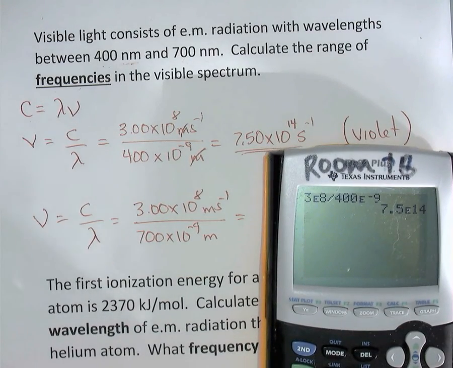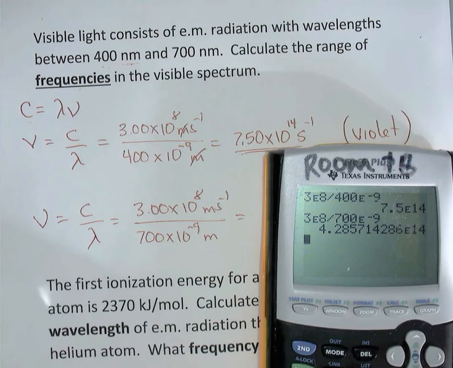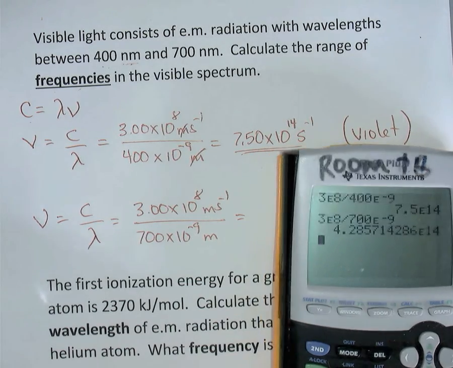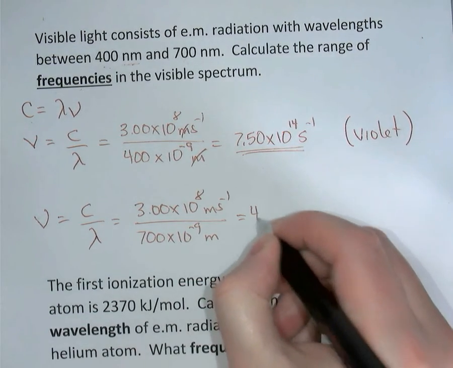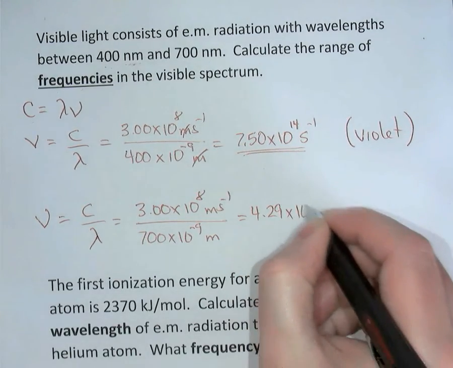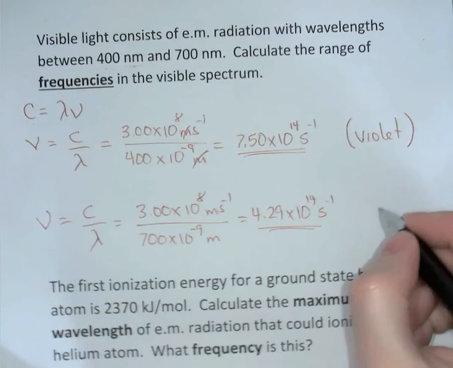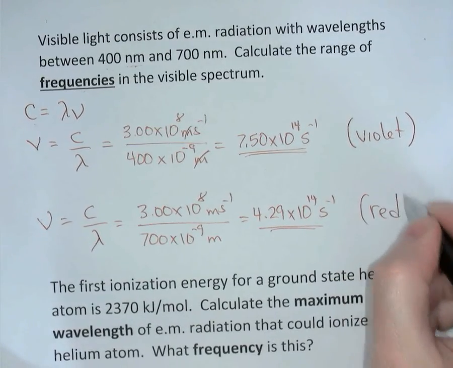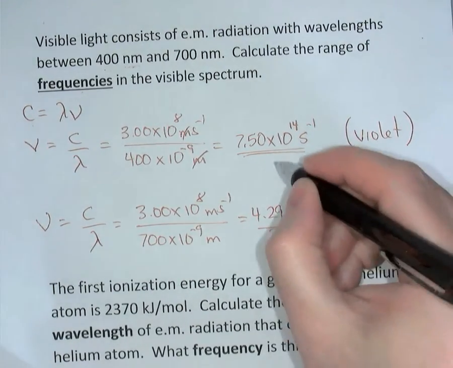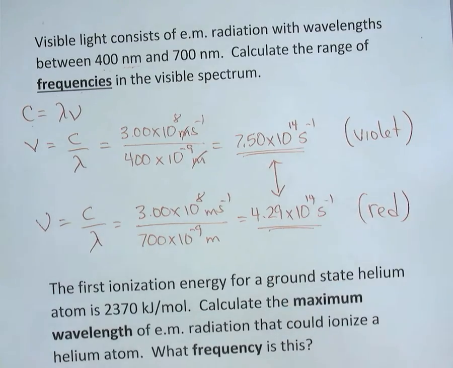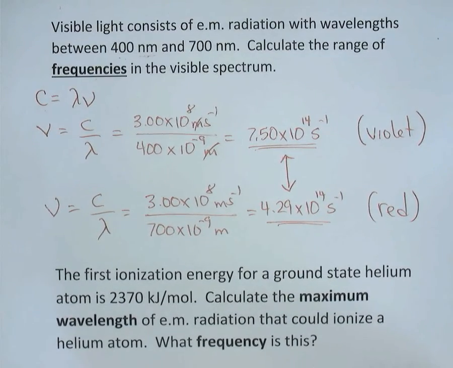So now we have 3 times 10 to the 8 divided by 700 times 10 to the minus 9, 4.29 times 10 to the 14. And that'll be per seconds or hertz. And that's the red end of the spectrum. So there's the range of frequencies within the visible spectrum of light.